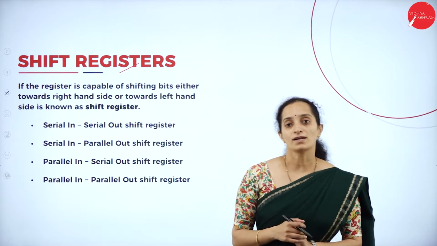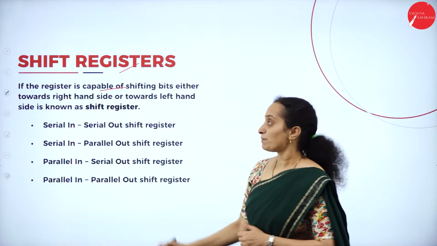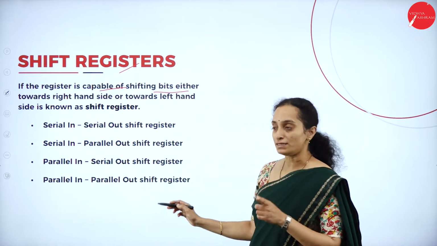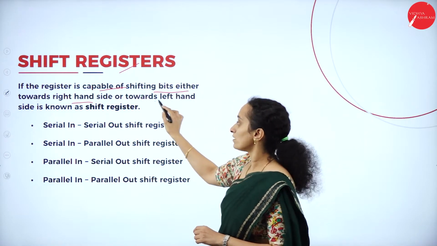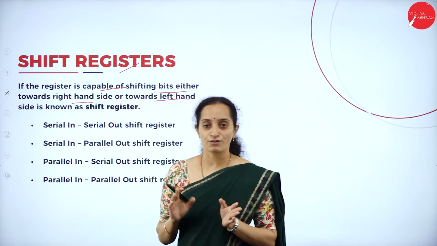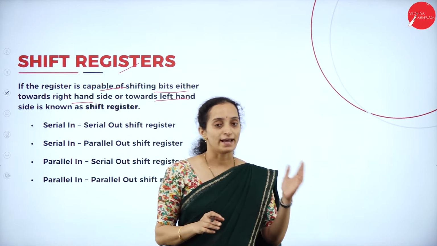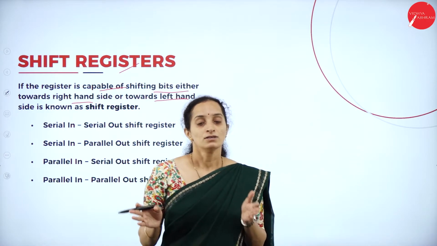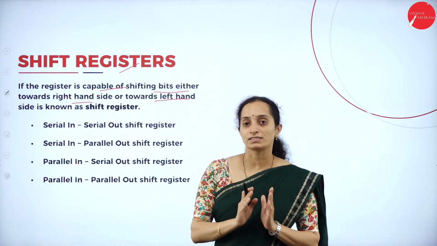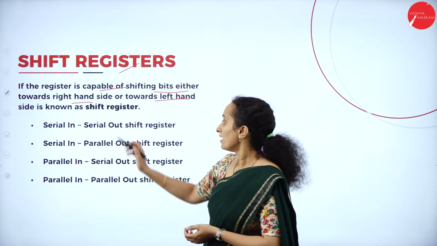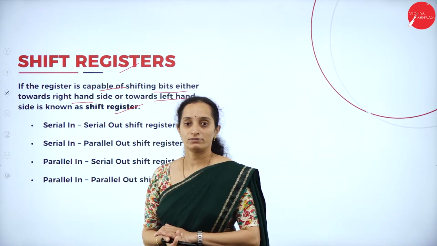It is called a shift register if the register is capable of shifting the bits either towards the right-hand side or the left-hand side. The register which changes the position of the bit is considered a shift register.